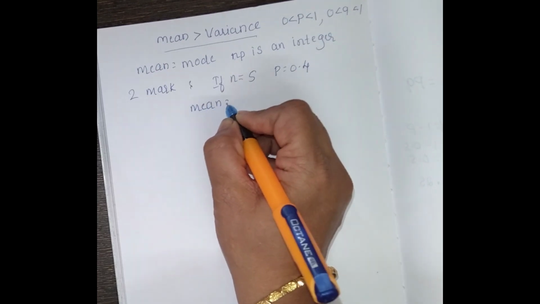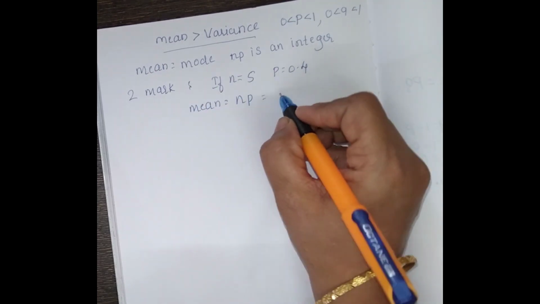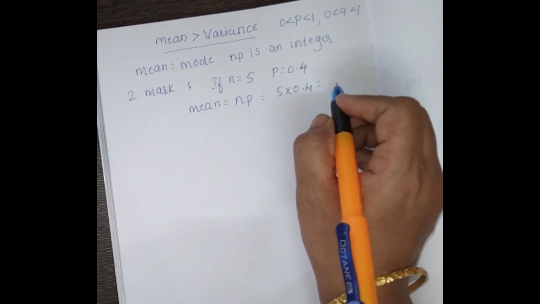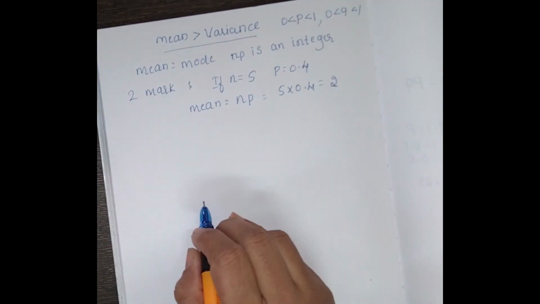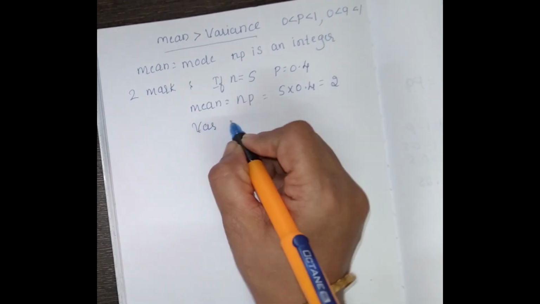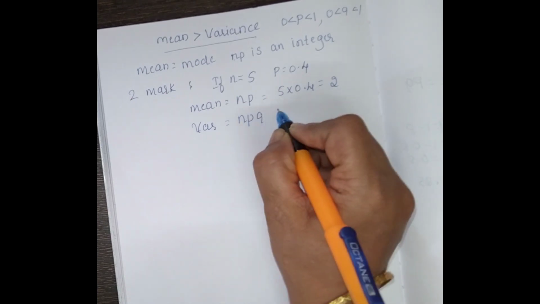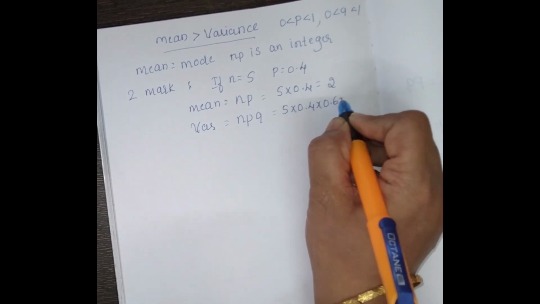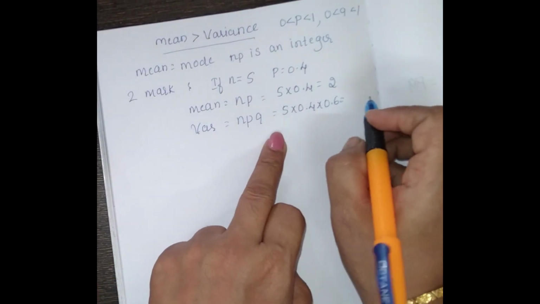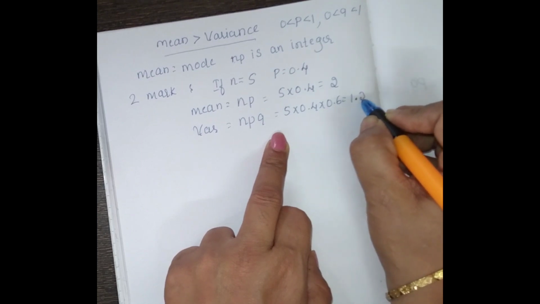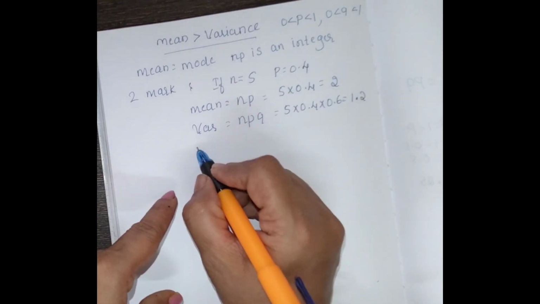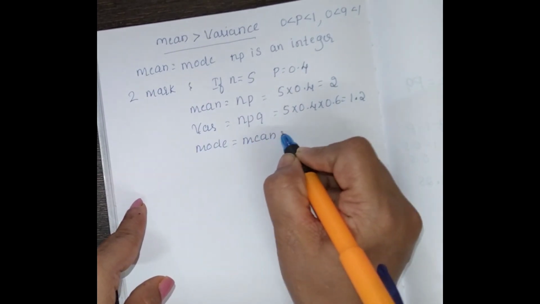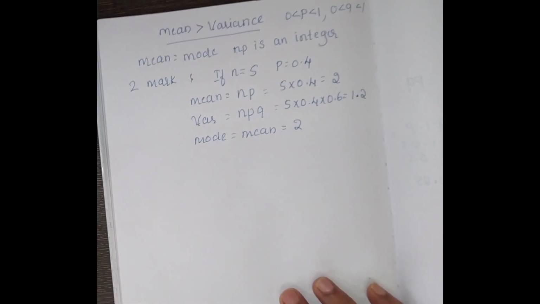Mean is equal to n into p, that is 5 into 0.4, that is equal to 2. Variance is equal to npq, that is 5 into 0.4 into 0.6, that comes as 1.2. Then mode is equal to the mean, that is 2. This you have to write.